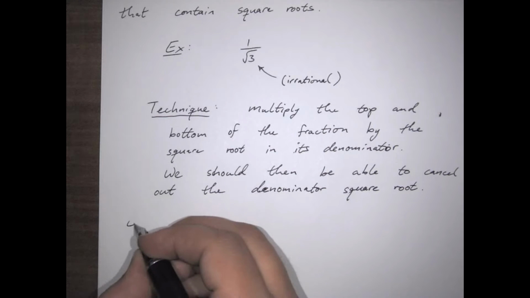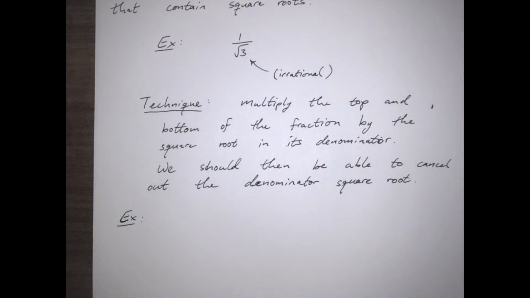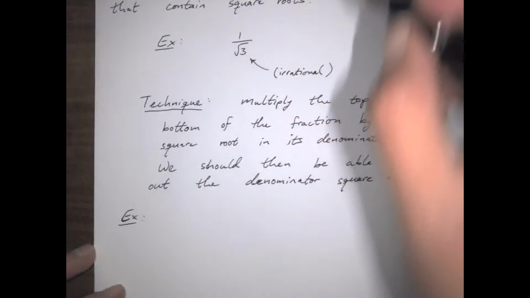Alright, let's put this into practice and see how it works. So for example, if we had 1 over the square root of 3, which is a thing we can actually end up producing when we are trying to deal with trigonometric functions. This is a very trigonometric looking expression.